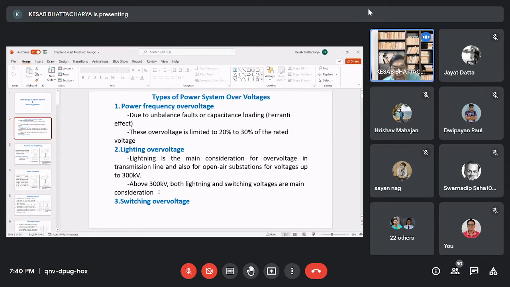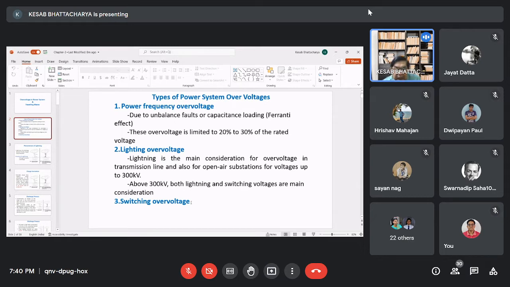Beyond 300 kV, it is the switching overvoltage which is given the most importance. In other words, up to a certain voltage starting from 300 kV, both lightning and switching overvoltages are taken care of.